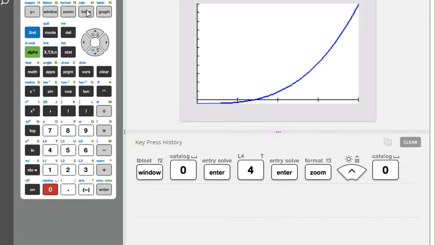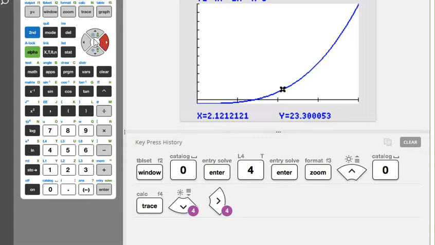Now you can use the trace key to kind of trace around. The nice thing about the trace key at this point is that it starts out right in the middle of your graph. And right in the middle is what you wanted to see. At 2, you're at 18. You can use the trace key to move a little bit to the left and a little bit to the right. If you move a little bit to the left, you can kind of still zoom in and get closer and closer to x equal 2, and you're getting somewhat close to y equals 18.